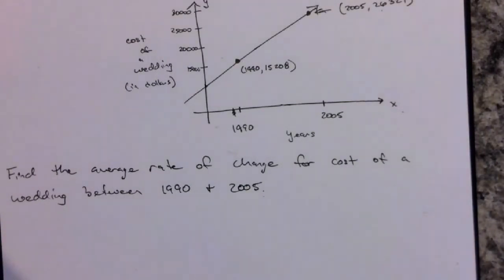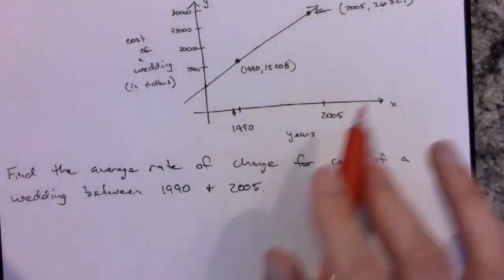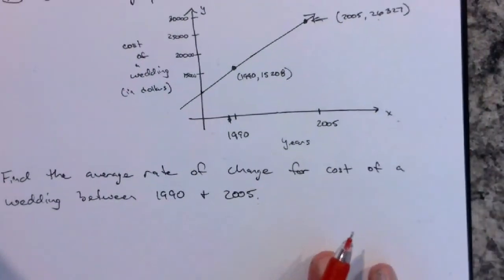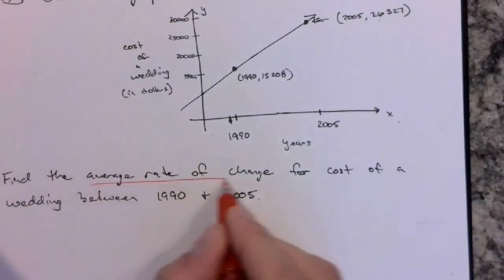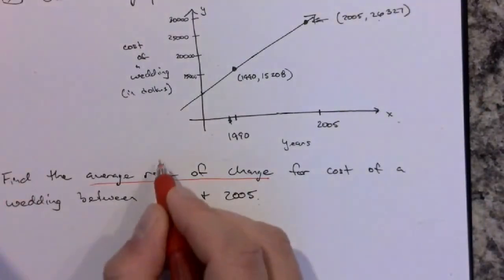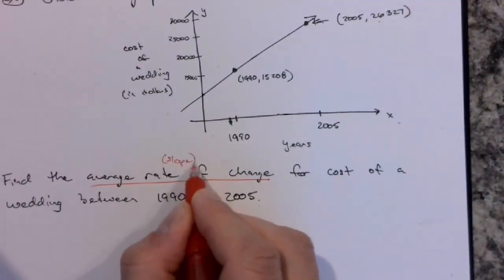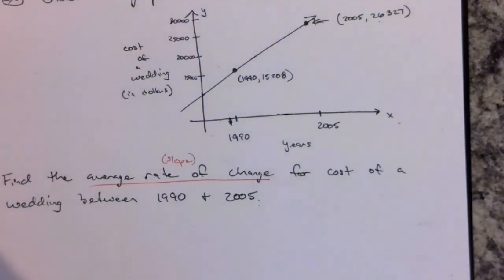So the question actually isn't that difficult, and I didn't even have to show you this picture. I could have just given you the ordered pairs, right? I didn't have to actually draw this out. Average rate of change, that's telling you right away, you should notice, find the slope. That's all it's asking you to do.